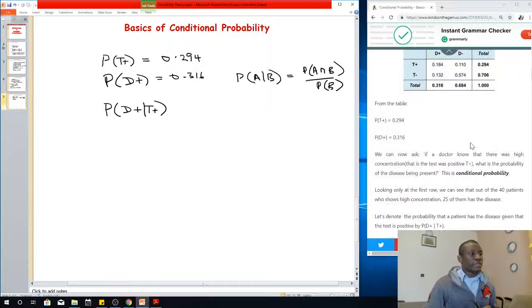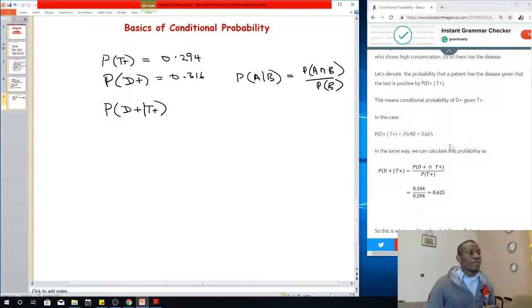So let's get back to where we stopped. We are trying to find conditional probability of A given B. In this case, the conditional probability of D plus given T plus.